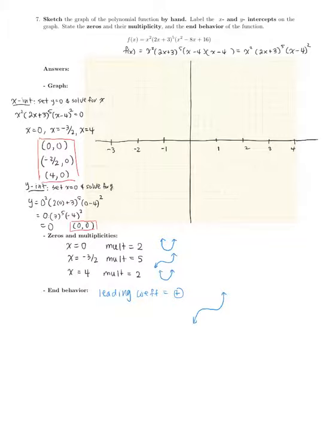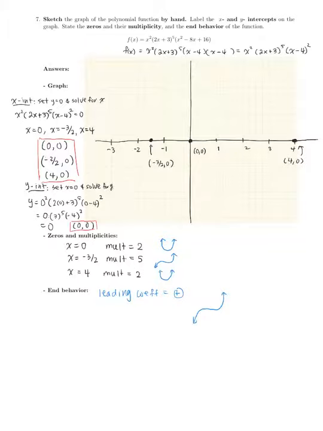They are 0, 0, which is also the y-intercept, and then negative 3 over 2, so that's negative 1.5. So this point is negative 3 over 2 comma 0. Now 4 comma 0 is right here. Okay, so that's where the graph is going to change its behavior.